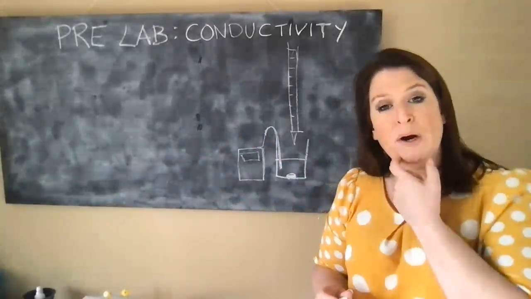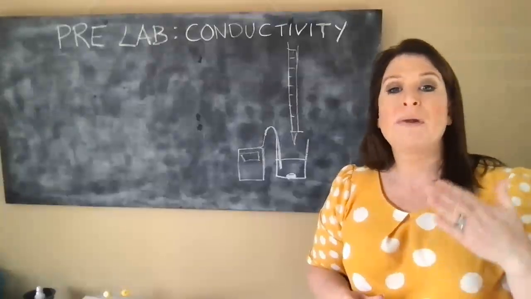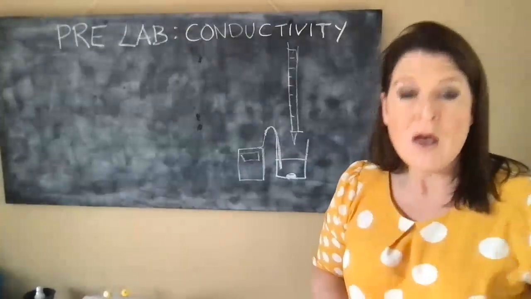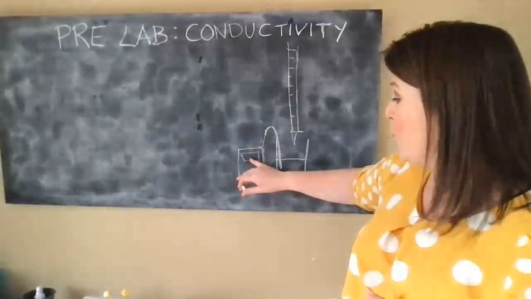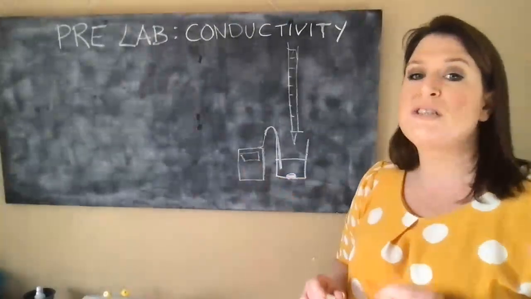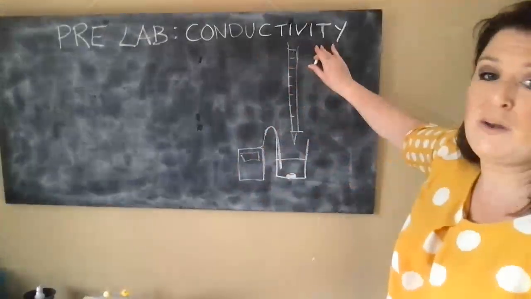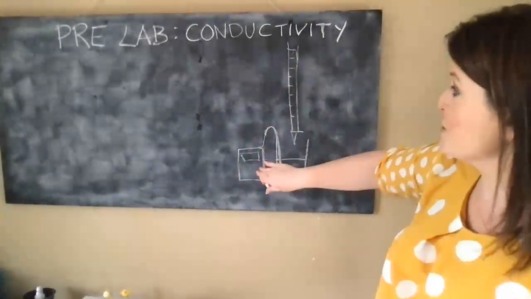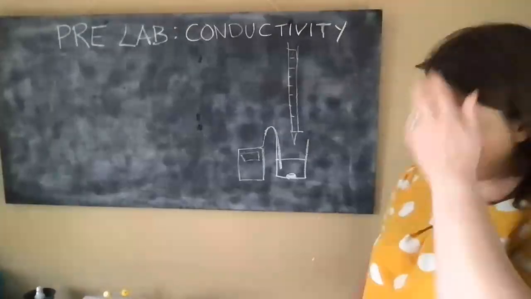There are two separate words. One is conductance and one is conductivity. I will explain the difference later on, but for the moment, take note that all of the time you take a reading from this machine, you are taking a reading called conductance, not conductivity. We have to do a little job to convert conductance to conductivity, and I will explain that before I finish this pre-lab talk.